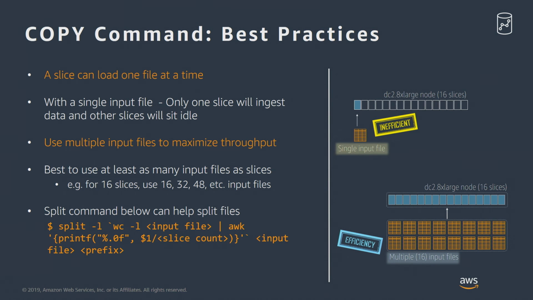So what we want to try to do is, again, either using the Linux split command or ideally AWS Glue to ETL it into smaller files that we can then move in parallel for maximum efficiency. So basically have as many input files as you have slices. So in a DC2 large, we've got 2 slices. In a 10-node cluster, that's 20 slices. You want to have 20 input files or 40 input files, or some multiple of 20, so that your load can happen as quickly as possible.